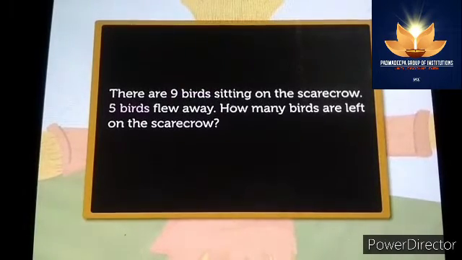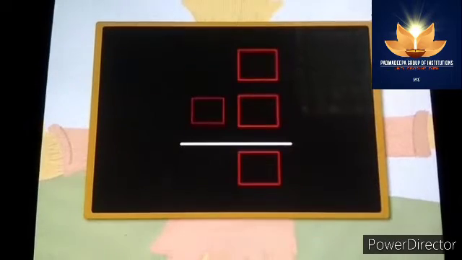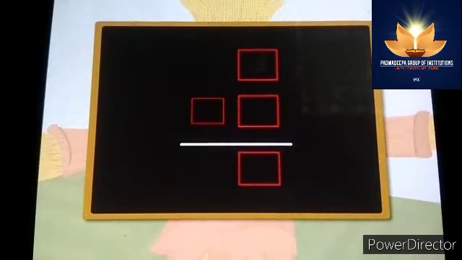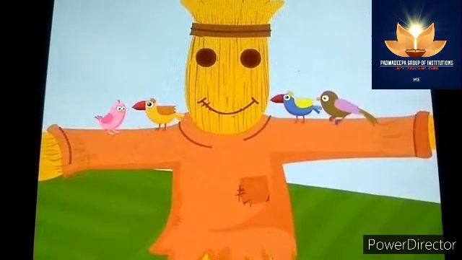How many birds are left on the scarecrow? So we have to subtract 5 from 9. First there are 9 birds and 5 birds flew away. So 4 birds are left. There are 4 birds left on the scarecrow.